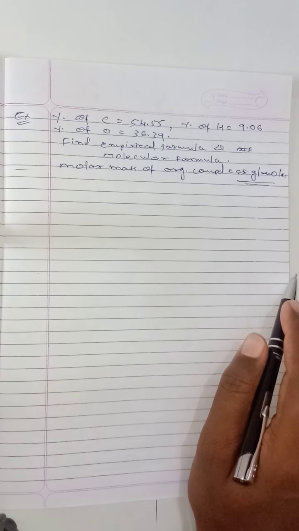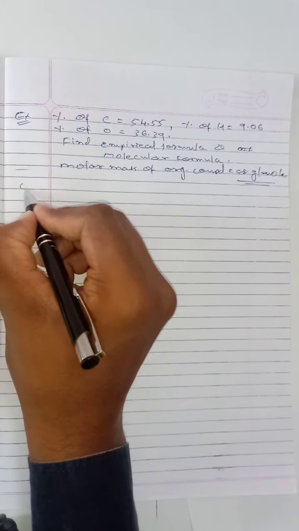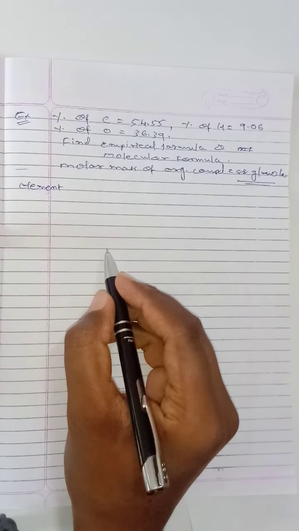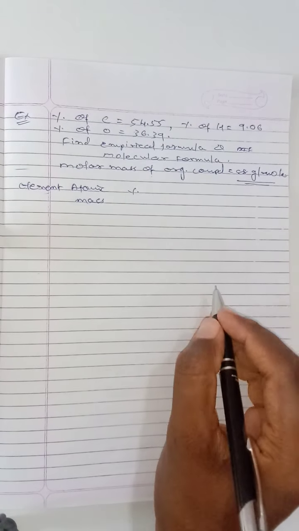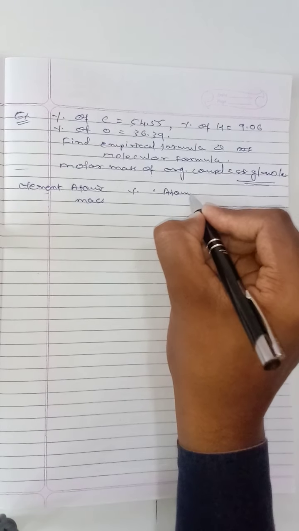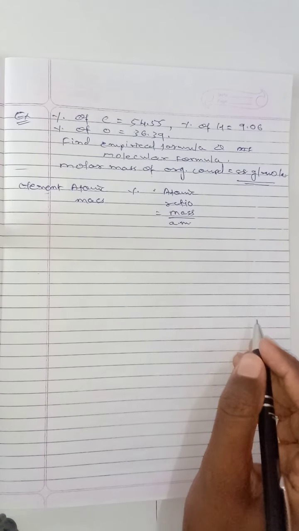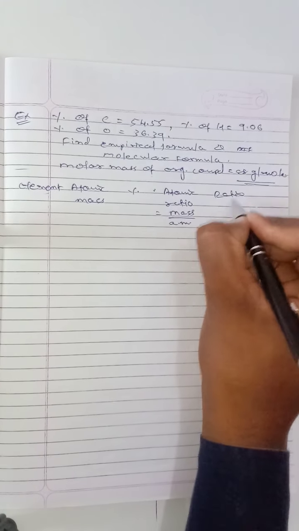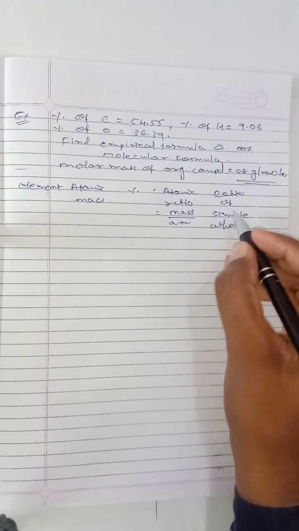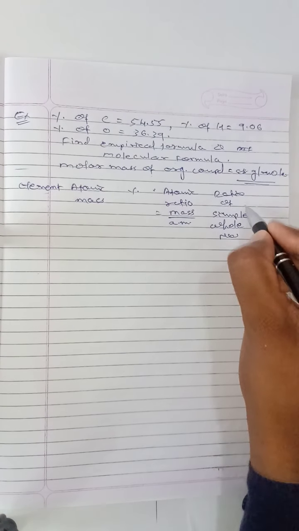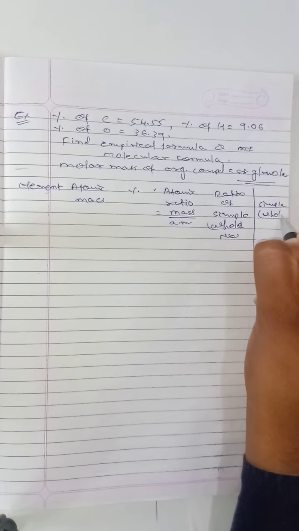First of all, the steps for finding the empirical formula: elements, their atomic mass, then percentage, atomic ratio equal to mass divided by atomic mass of the element, then ratio of simple whole number, and then simple whole number.